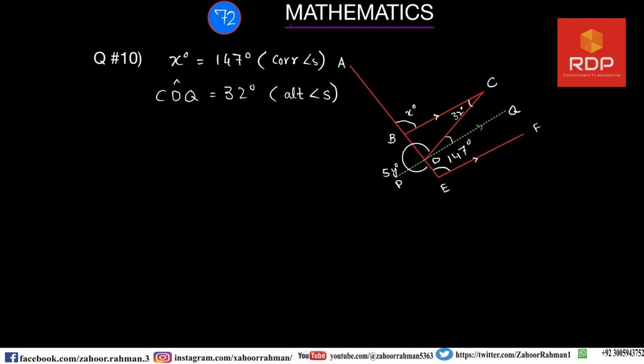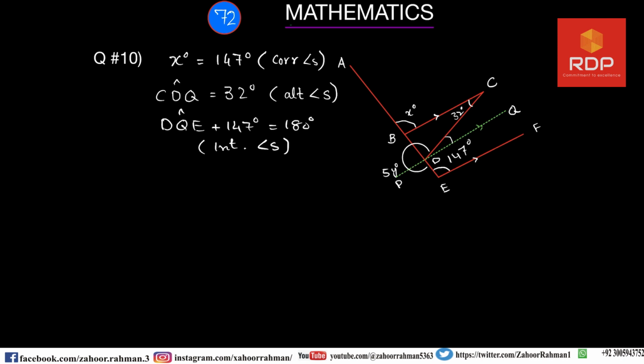So here we are writing that DQE plus 147 degree is equal to 180 degree, and we are writing this statement because of the interior angles.